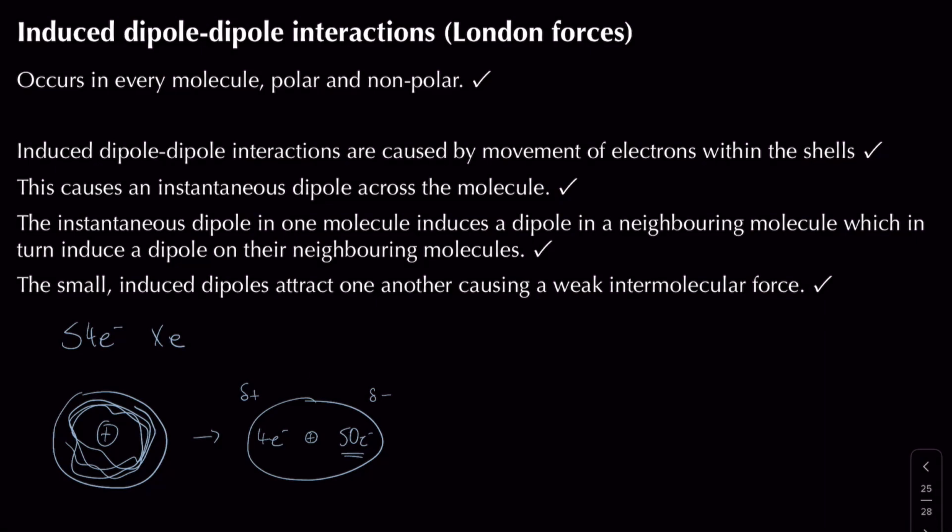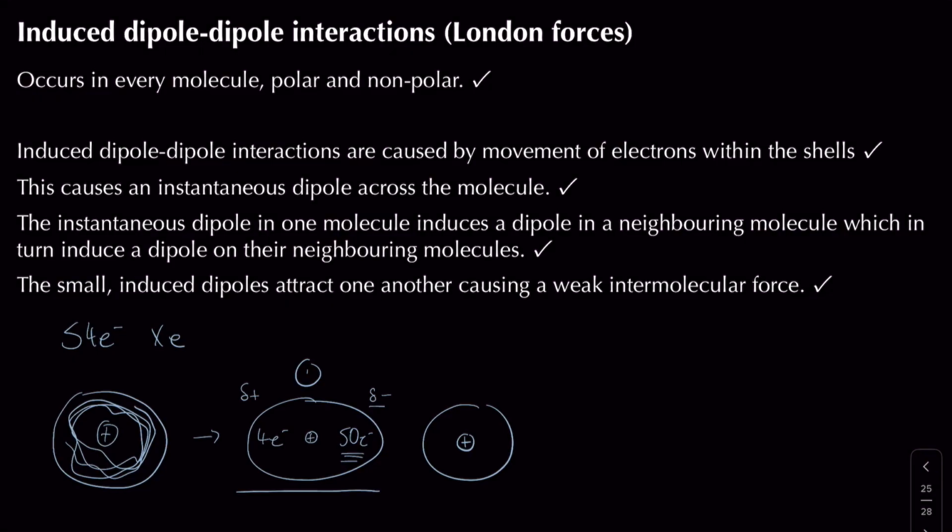Now, we've got this instantaneous dipole, and let's say that this is atom 1 of xenon. Now, let's say I've got another atom of xenon, where of course we've got a positive nucleus again, and our electrons are whizzing around. This instantaneous dipole is going to repel the electrons in another atom, because of course we've got this partially negative side with 50 electrons.